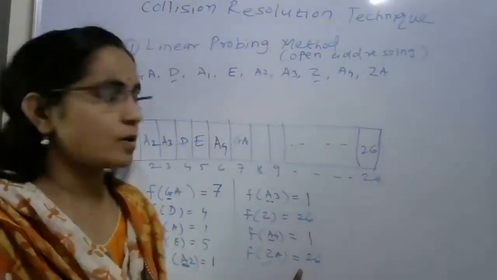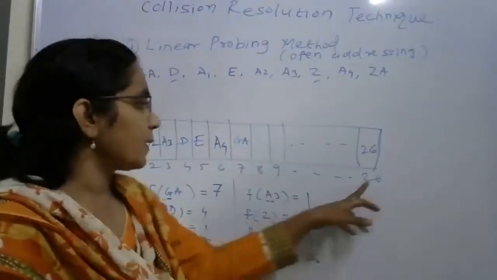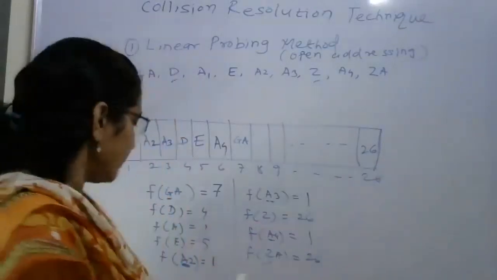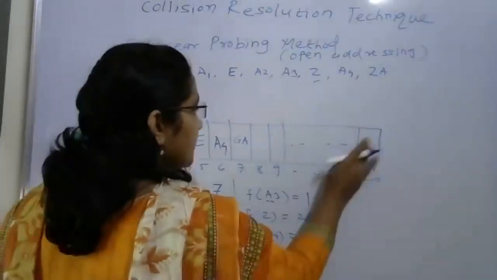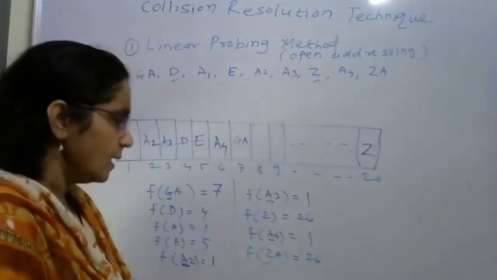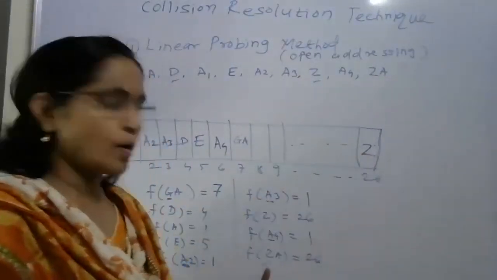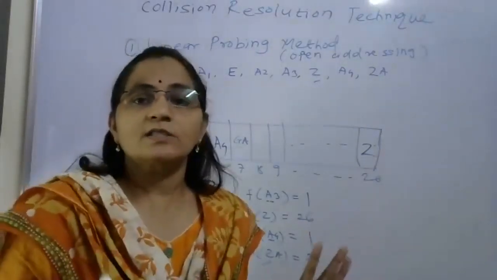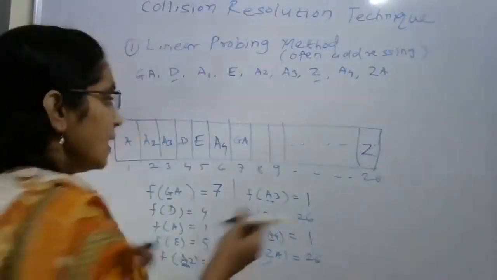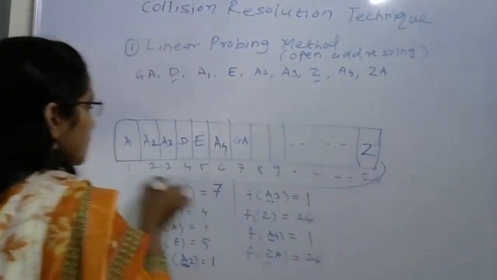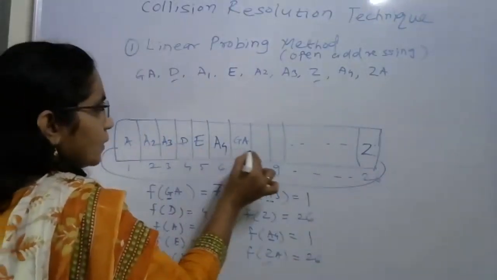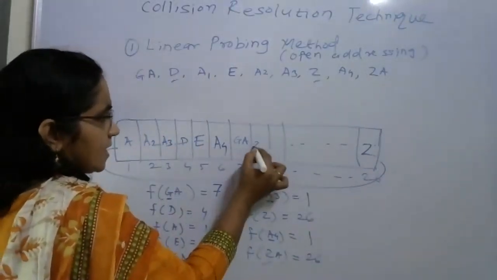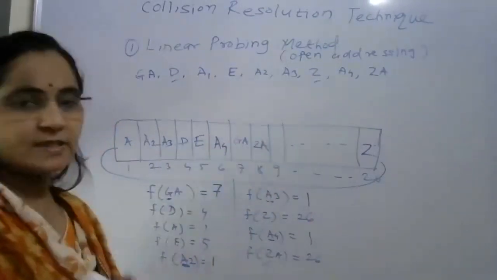Again the collision occurs because 26 is already filled with the Z identifier, so there is no space to accommodate ZA. In that case, we consider this circular hashing, and you successively search for the next empty location. Yes, this is the next empty location, and you put ZA here.